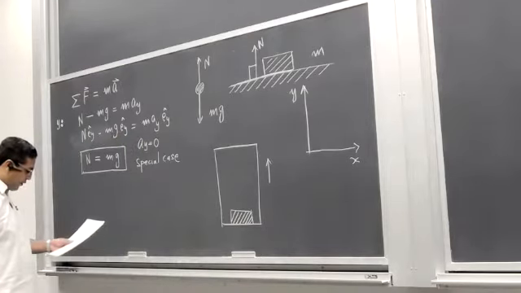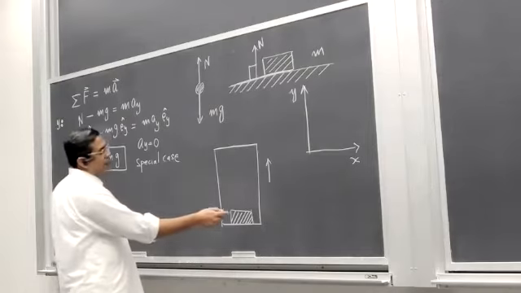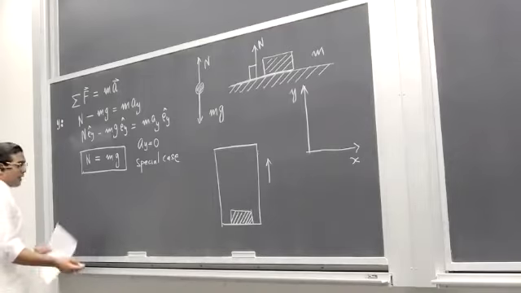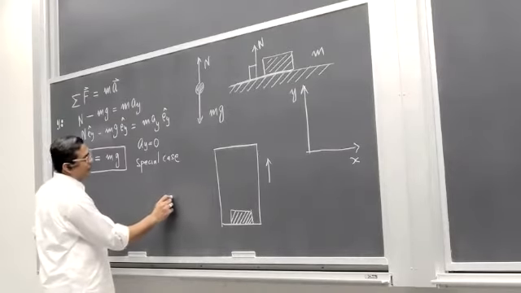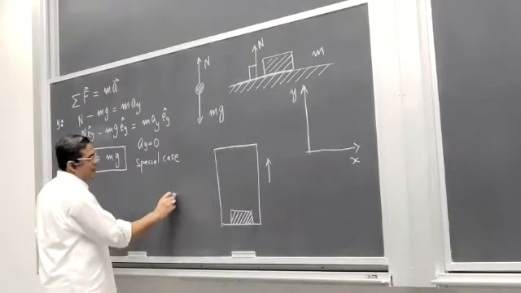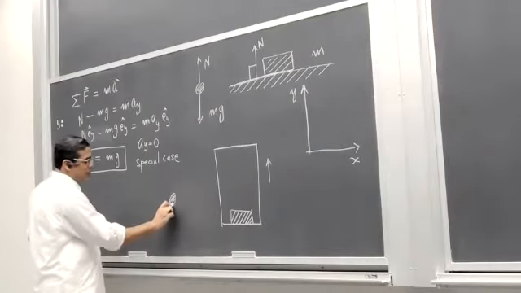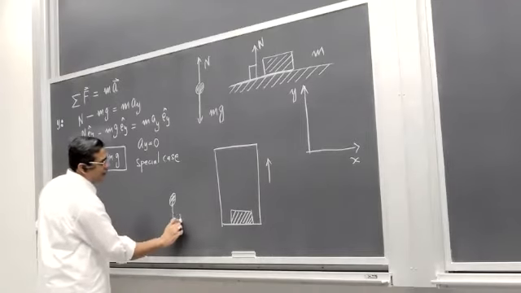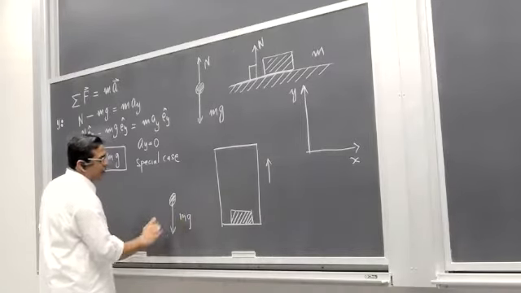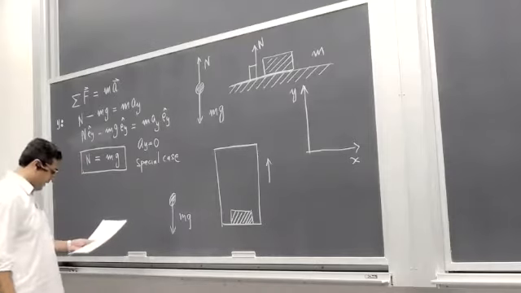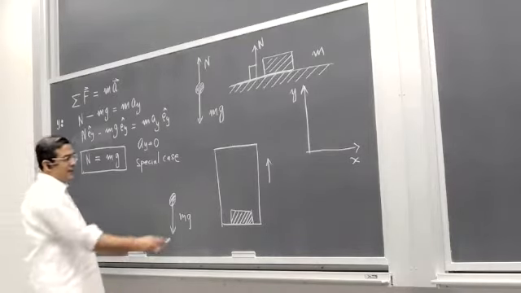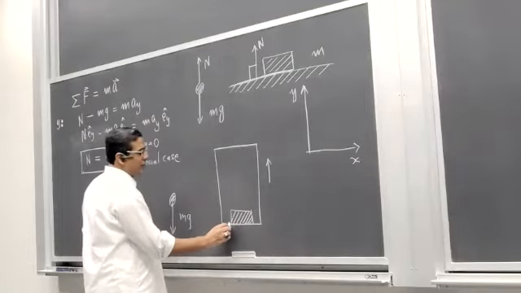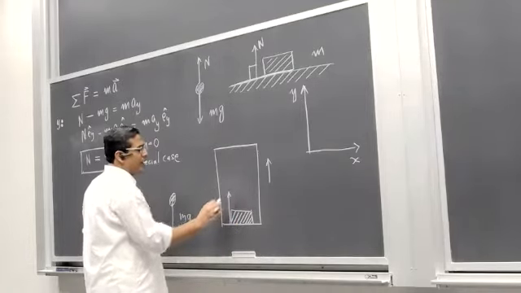And now we try to analyze the forces acting on the block. We can again make a free body diagram. One of the forces acting on the block, of course, is the weight of the block downwards. Then, since the block is resting at the floor of the elevator, there is a normal force acting in this direction.